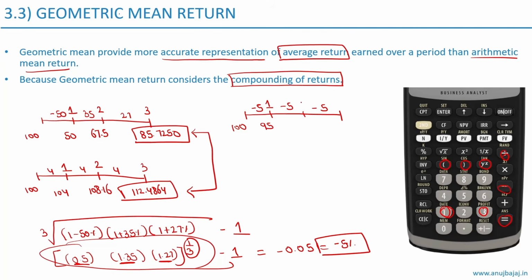Then 90.25 and then 85.7375. Now see, the actual amount at the end is very similar or almost same to the value we got using geometric mean return, because geometric mean considers the compounding of returns, whereas arithmetic mean doesn't.